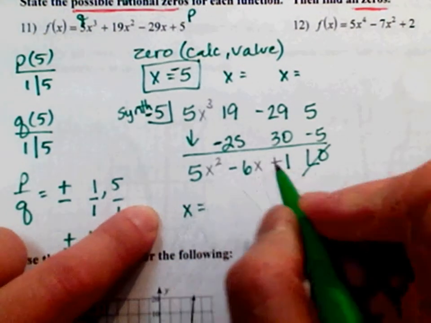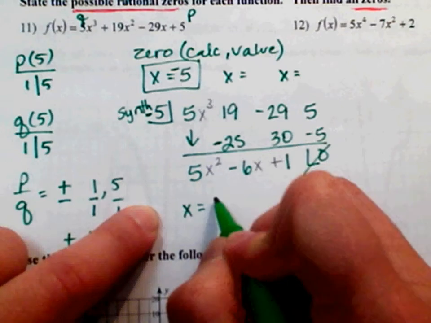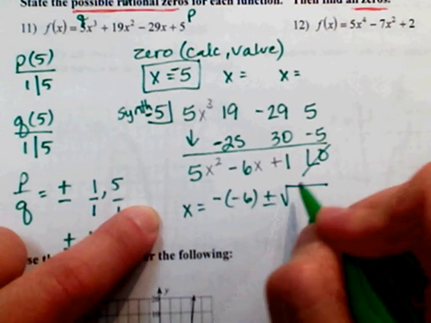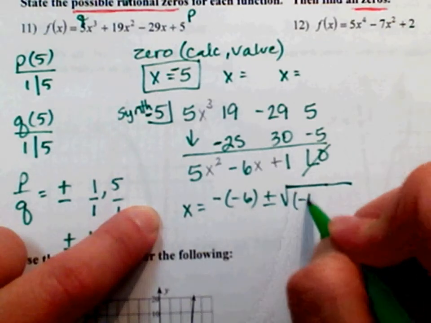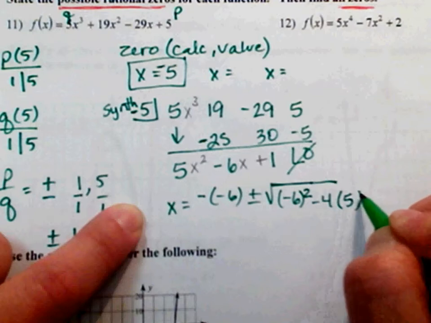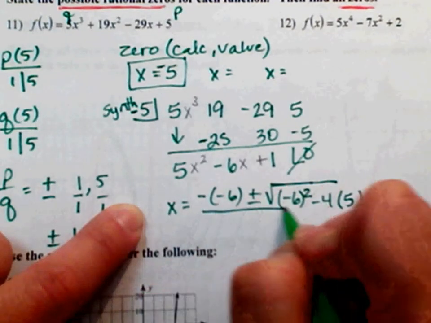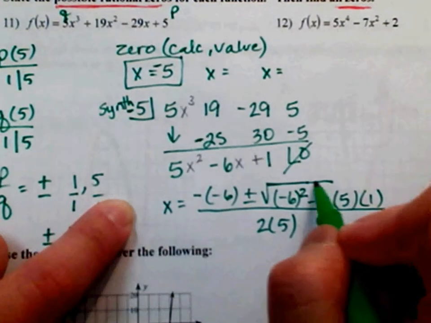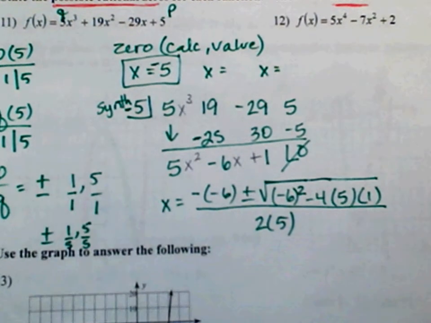So I'm going to have 6 plus or minus the square root of -6 squared minus 4 times your A times your C, all of that over 2 times A. All right, now type all that into your calculator, like I will right here.